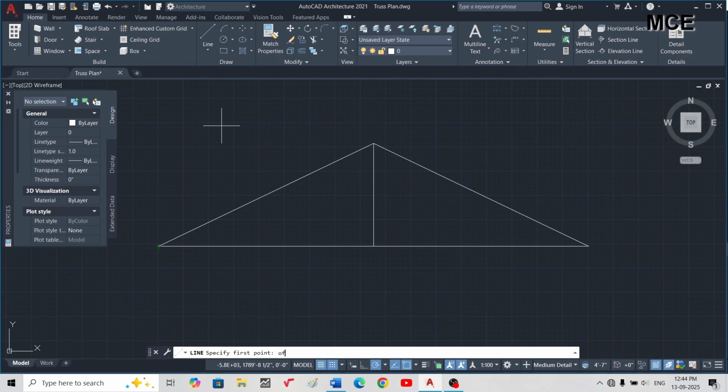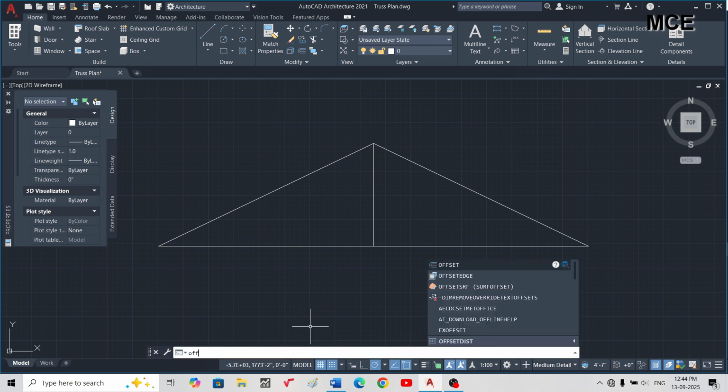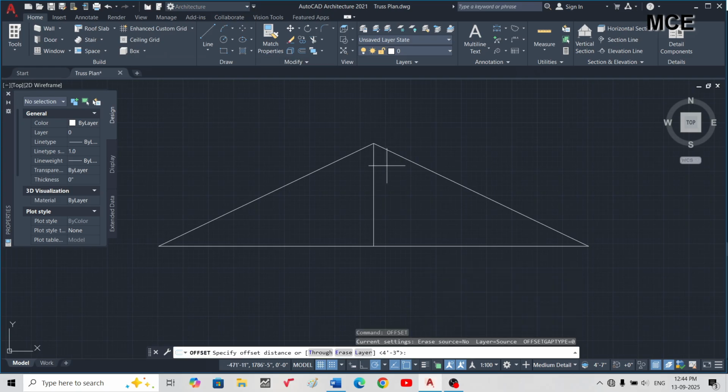So I will take the offset command. Select from this line 4 feet 3 inch.